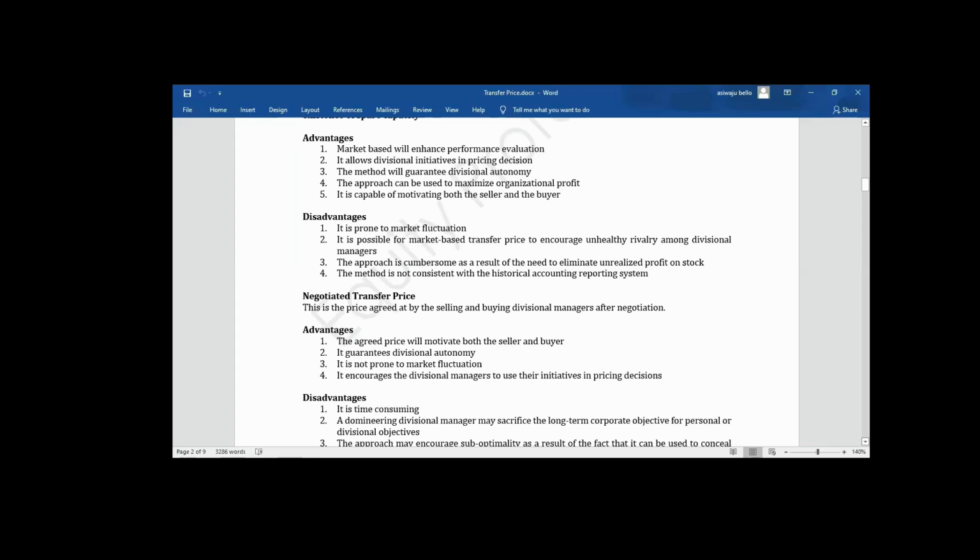Disadvantages of this method: one, it is prone to market fluctuation. It may create unhealthy rivalry among divisional managers. This method is not suitable for stock valuation purposes, because there's element of unrealized profits.